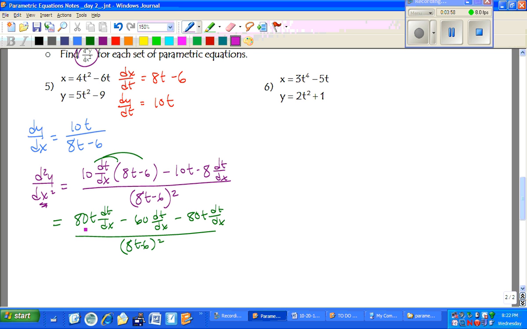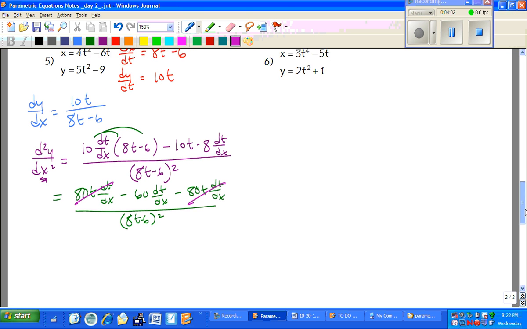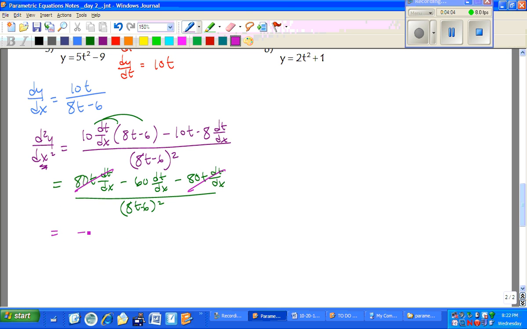So up top, these are going to subtract and give us 0. So we're left with negative 60 dt/dx all over 8t minus 6 squared.